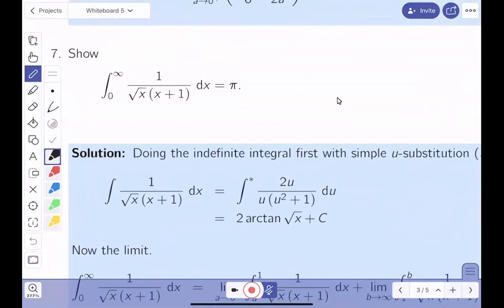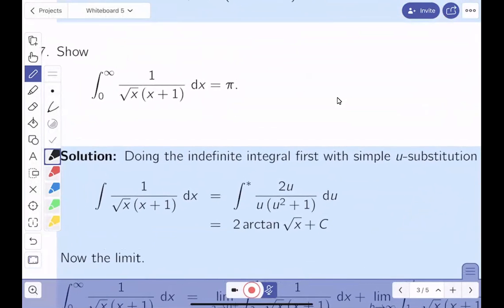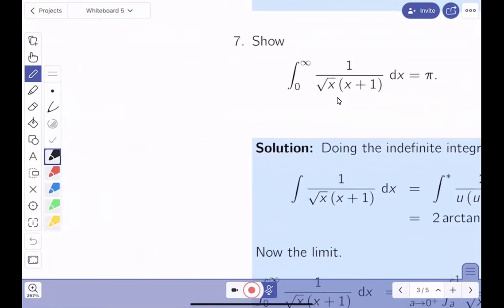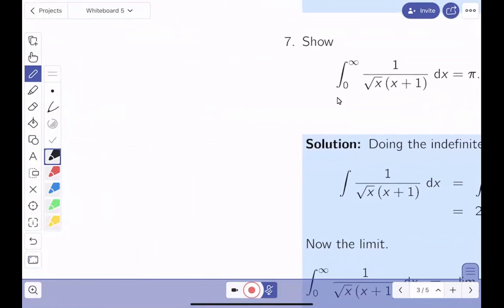I'm looking at it and wondering what to do and how to do it. But I do know one thing about this guy over here: there's trouble at 0 and there's trouble at infinity. So this is going to require some rewriting. But before I do that, I want to do side work.